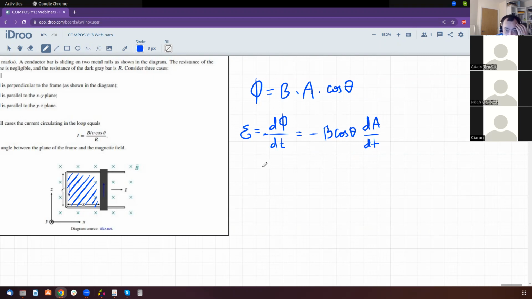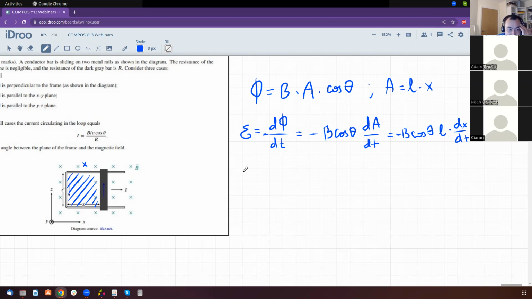Well, let's find what A is. Area is length multiplied by x, where x is this distance, Lx. So dA dt is L multiplied by dx dt, which is LV, which gives minus B LV cos theta.